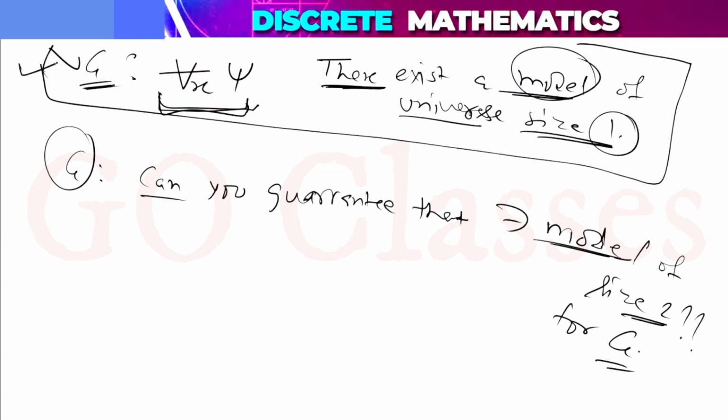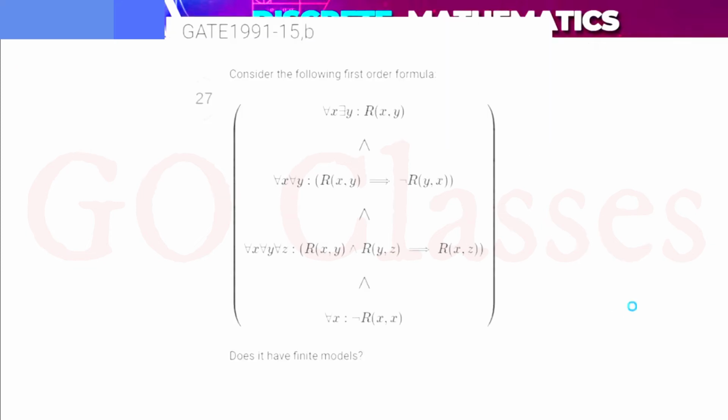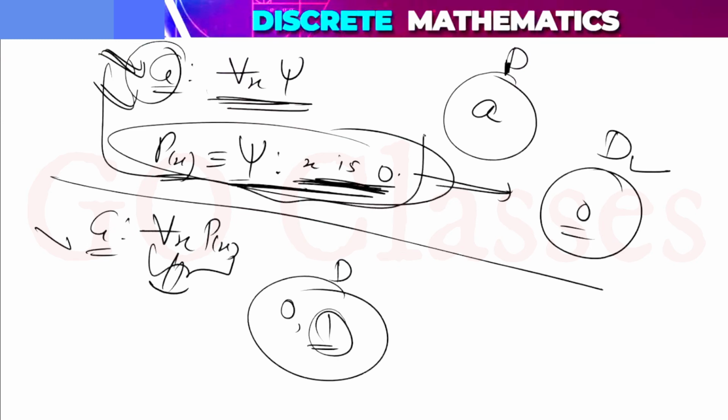Then, when asked whether you can guarantee, I can say no, I cannot guarantee, because I have given you a situation in which this is true but that is false. We do not have any model of size 2 for this formula, even though there is a model of size 1. So this is just a simple example.